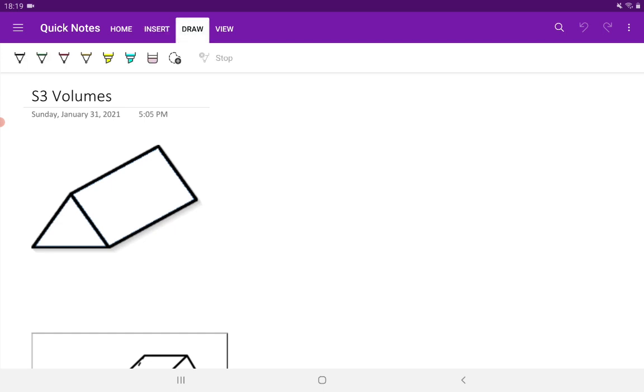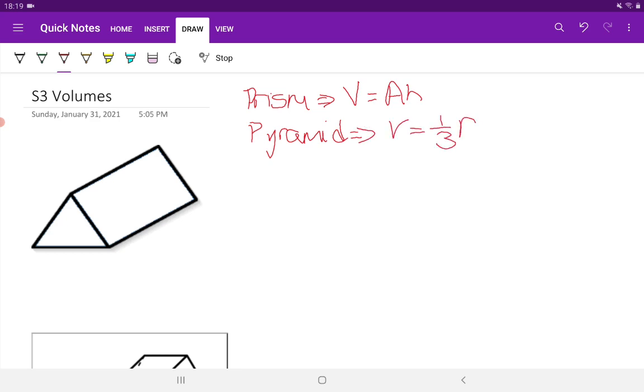So, the three formulas you do not need to memorise, folks, okay, so we're going to learn three formulas this week. The formula for the volume of a prism is going to be volume equals area times height, and we'll talk about where the area and the height are going to be in a wee minute or two. The volume for a pyramid is actually very, very similar, but it's just got a third in front of it.